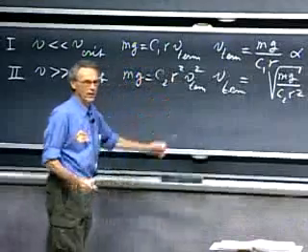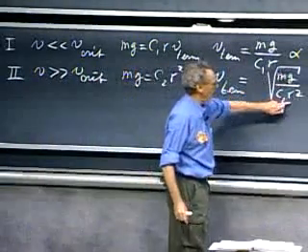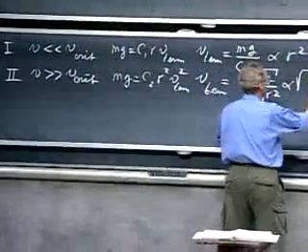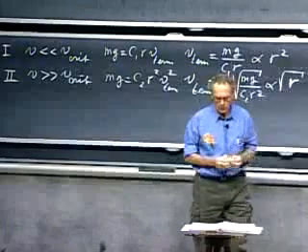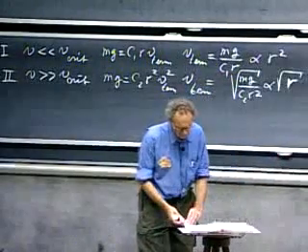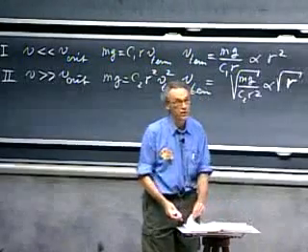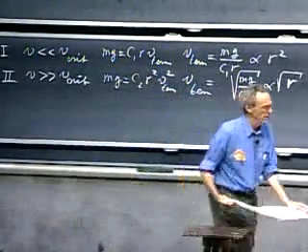And if you take objects with the same density and you compare their radii, m is proportional to r cubed, so this is now proportional to the square root of r. So this separates these two regimes, and we will see examples of that, that sometimes you really work exclusively in one, or sometimes you work in the other.